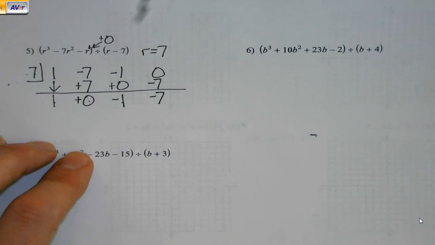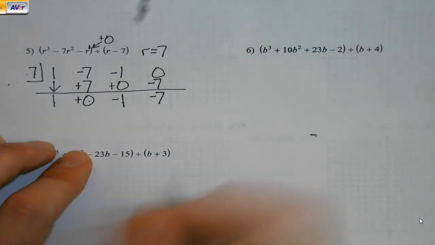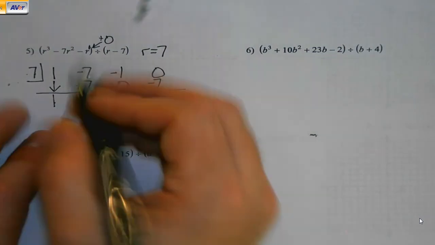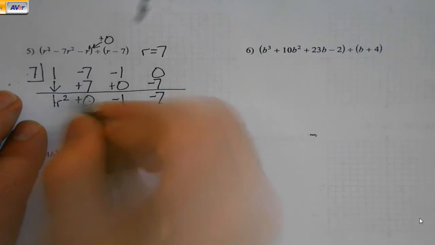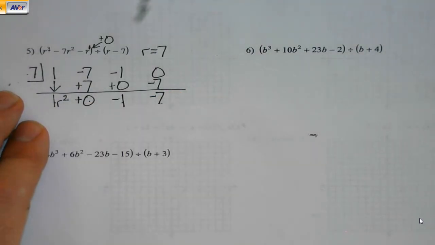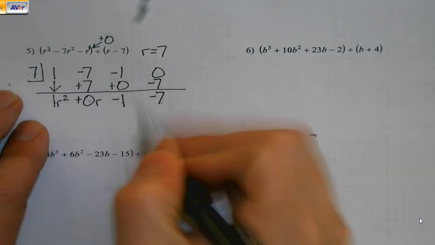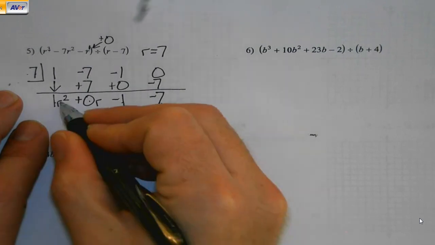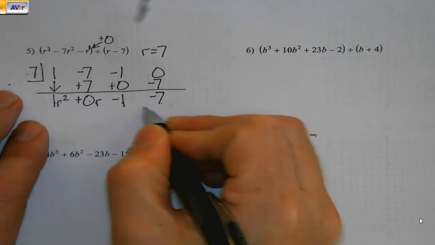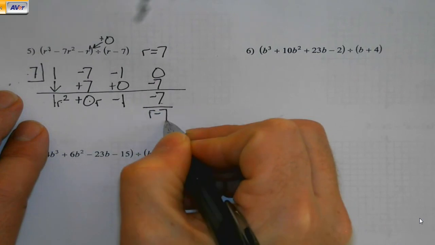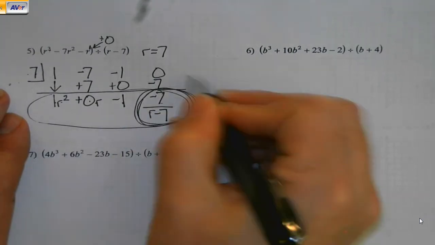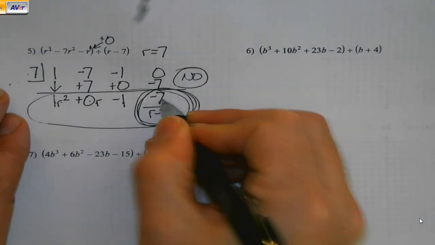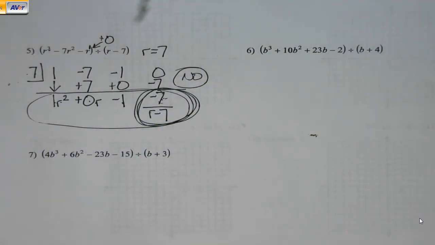So I notice that it's not going to be a factor because this didn't equal 0, but I'm still going to take my degree, my 3, reduce it by 1. 2, 1, 0, remainder. Okay, but that's what I'm looking at. Again, any number there besides 0 is going to be no.